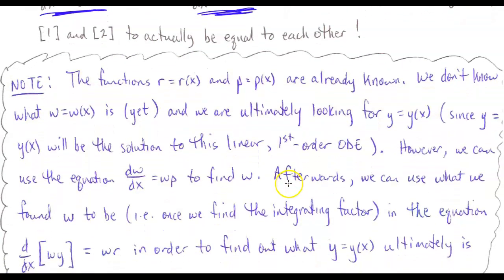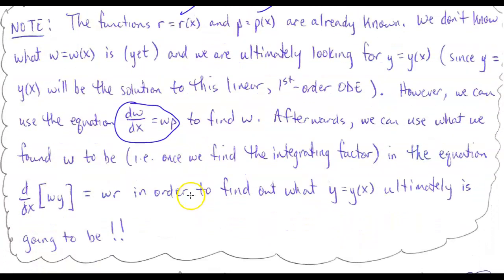Now in this note, again, the point that I'm making here is what I just said earlier. Since R of X and P of X are already known, then we can use this equation here to solve for W. And then after that, we can use the fact that we know what W is in this equation to solve for Y, which is going to be our solution.